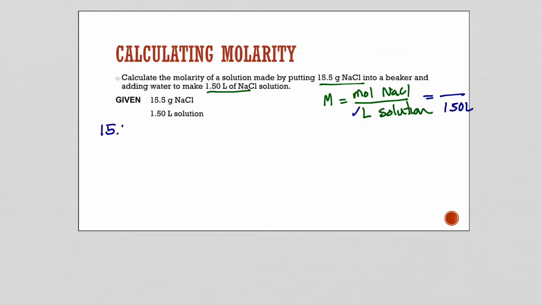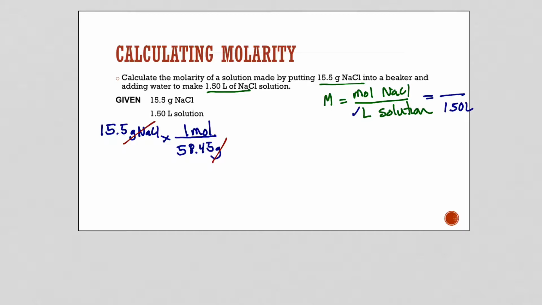So we have 15.5 grams of sodium chloride, and the molar mass of sodium chloride is going to be 58.45 grams per every 1 mole. So notice we have grams on bottom here, so it cancels out.